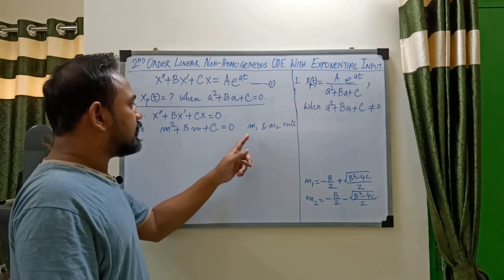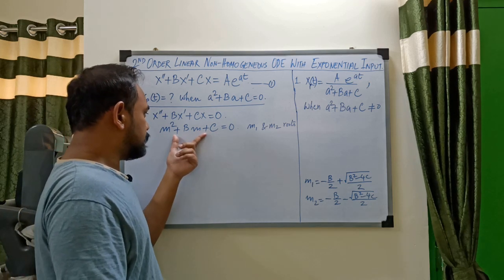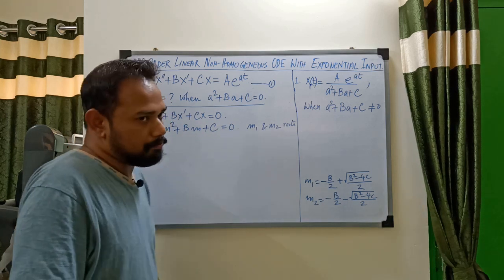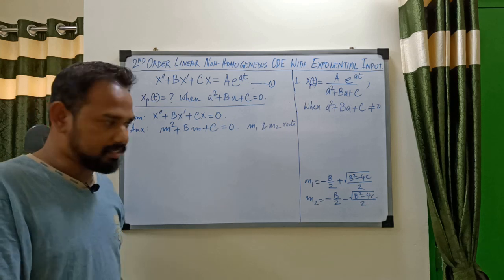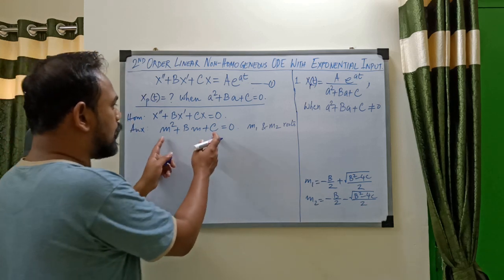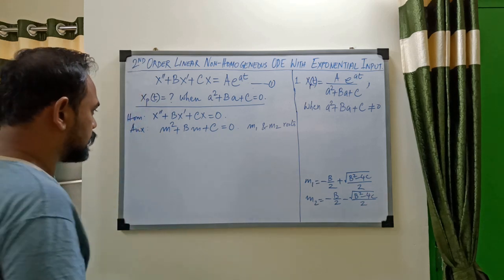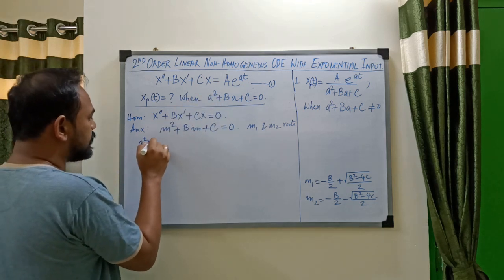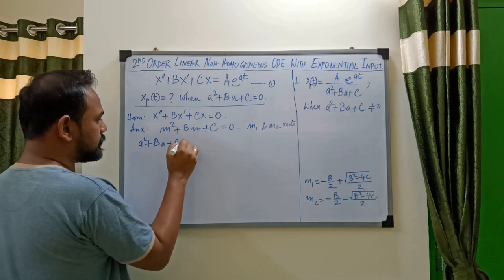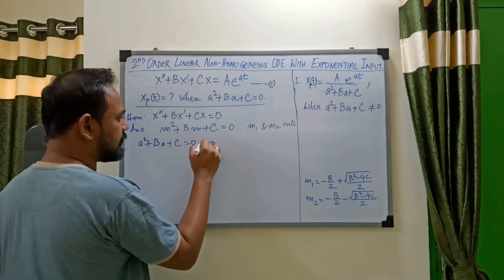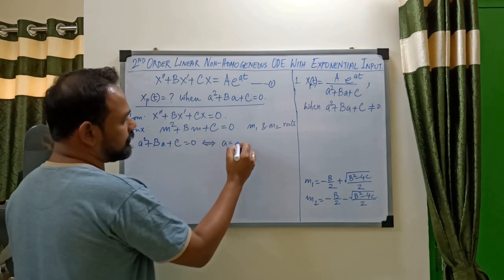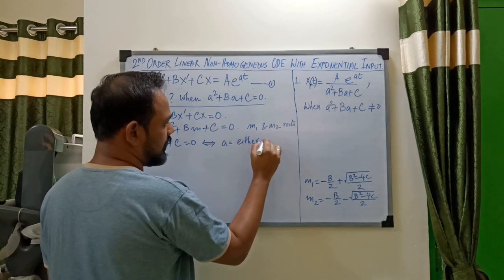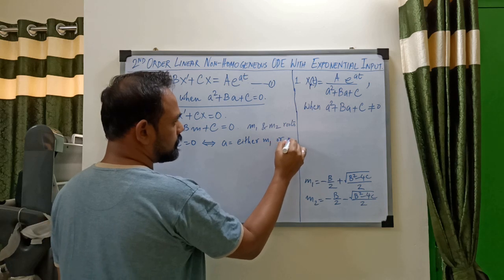Now, if a is a root of this quadratic equation, then it must be either m1 or m2, or both, in which case m1 and m2 are the same, because m1 and m2 are the two roots of this equation. So saying that a square plus b a plus c is equal to 0 is the same as saying that a is either m1 or m2.